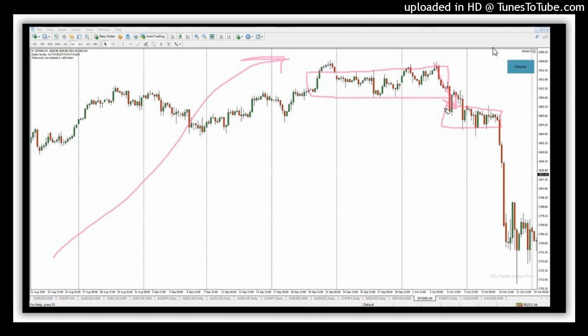The same thing goes for this rejection. The price went past it, also this one, alright? So this was a strong resistance, then the price went past it and it became support. This is the reaction to the support.